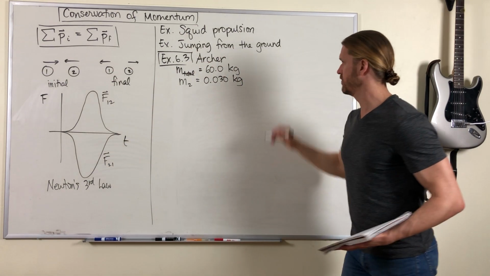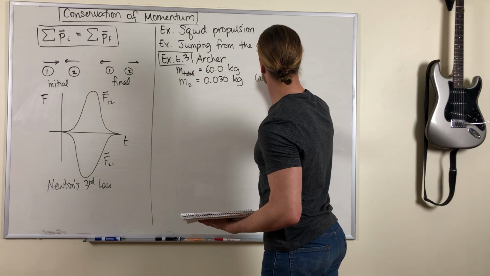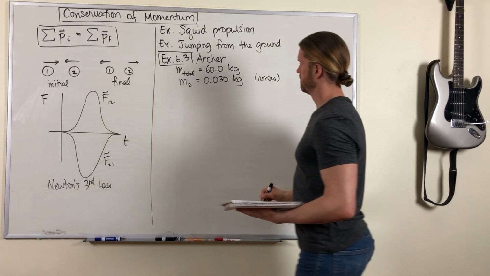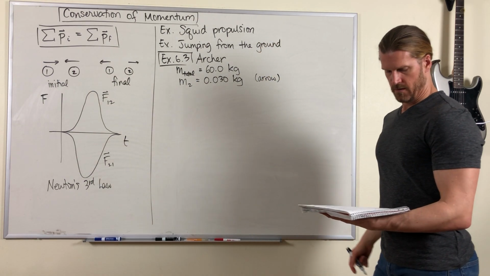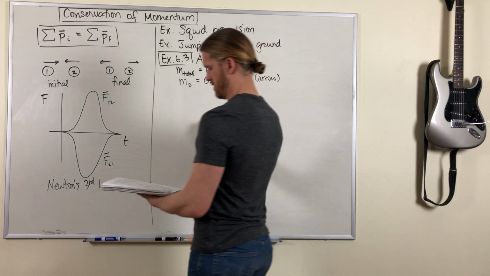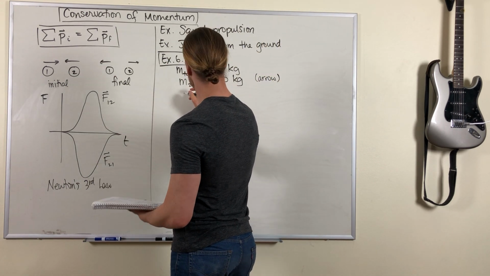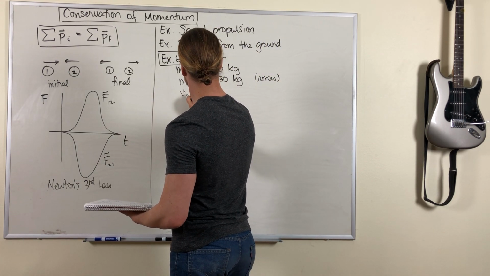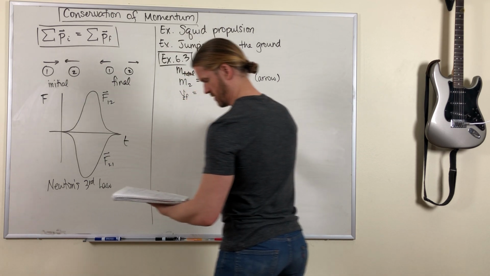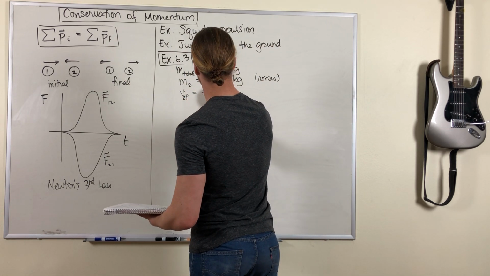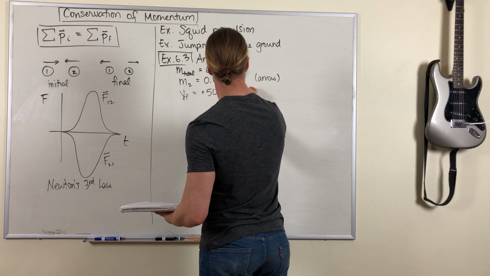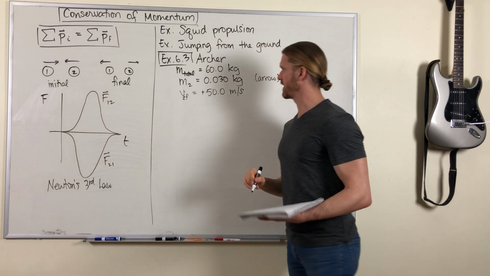We'll call that M2, that's the arrow. And the arrow gets shot with a velocity of 50 meters per second going to the right.